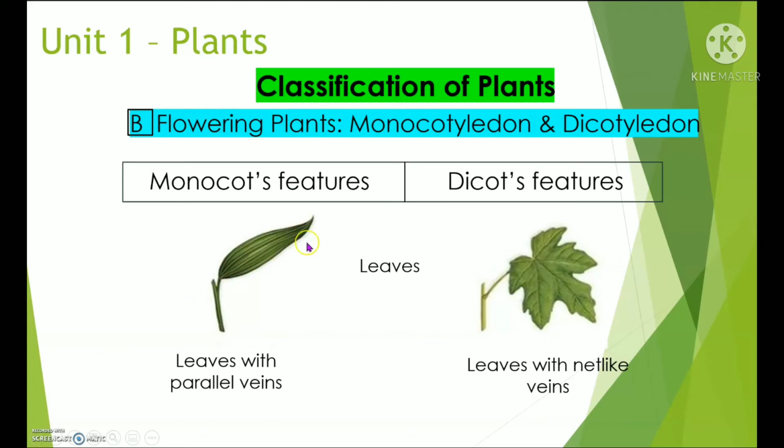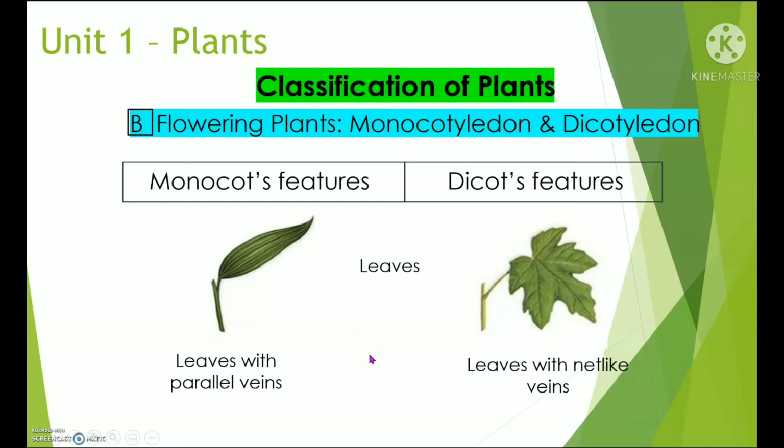Next, for dicot, the leaves usually have net-like veins. It's not parallel, but the veins are net-like. So monocot leaves usually have parallel veins, and dicot leaves have net-like veins.